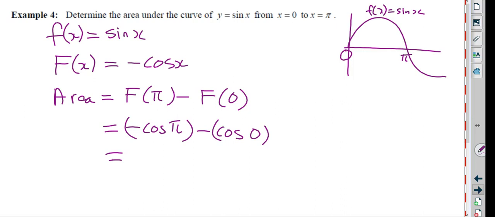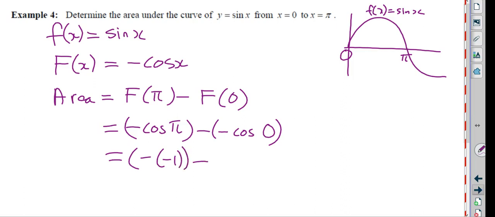So what's the cosine of pi? What is the cosine of pi? It's like 0? No. Negative 1. So we've got negative 1. Okay, negative 1.